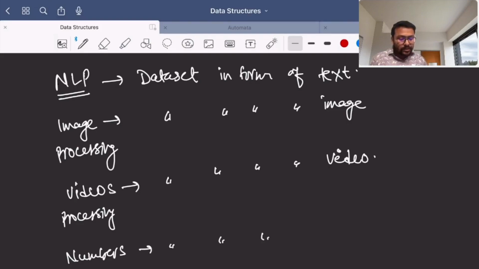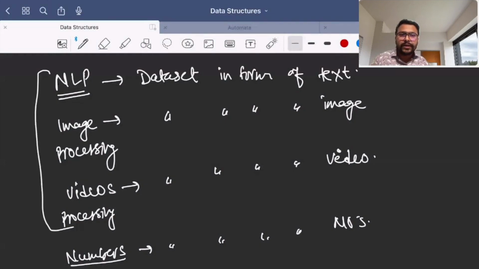In the case of numbers, we don't need to convert our data into any other form. We may need to rescale them, or we may need to convert our numbers into different kinds of vectors or matrices, but not as these other kinds of data need.